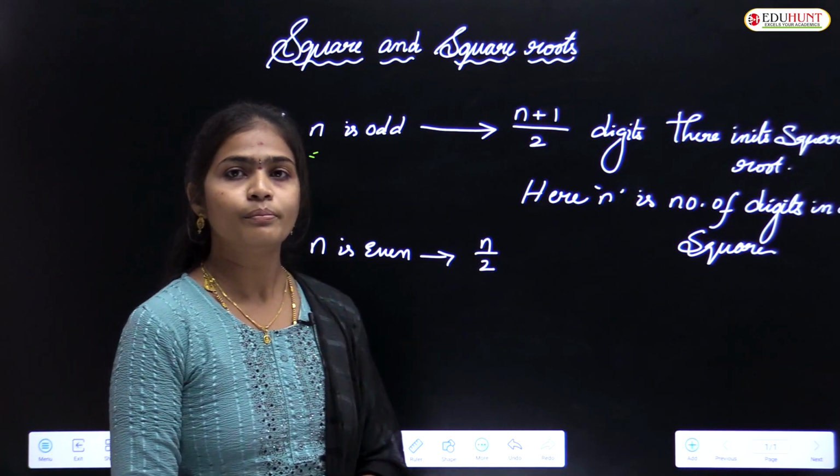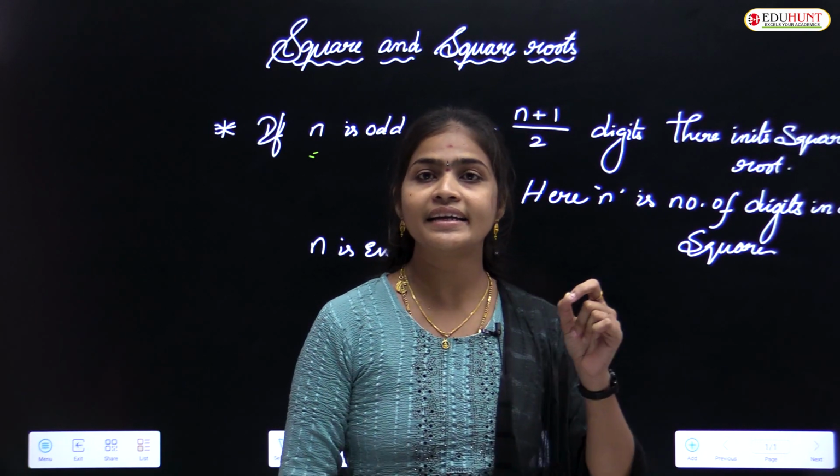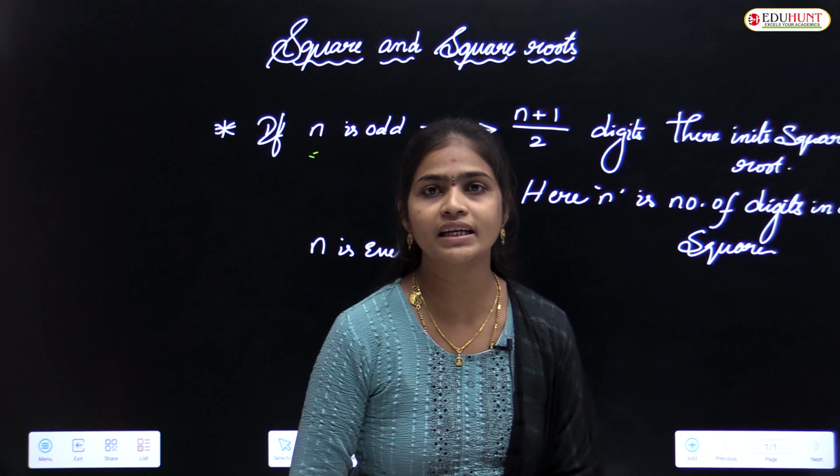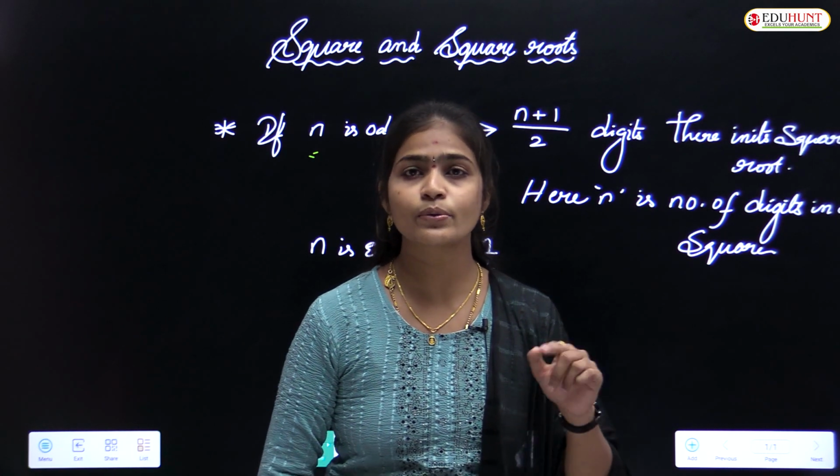Now my question is, if the square of a number has 8 digits, then how many digits are there in its square root?